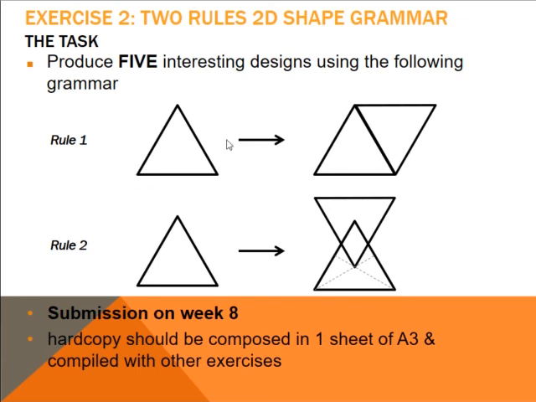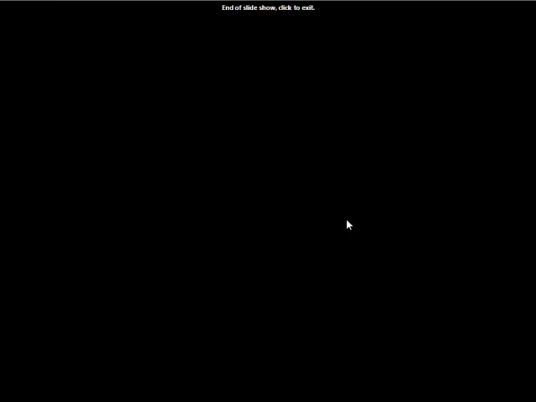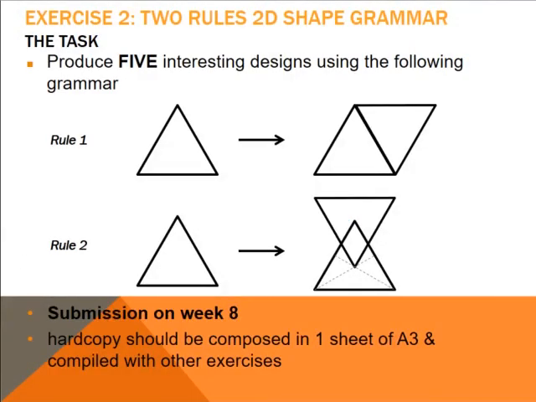But you need to be careful, especially on rule number 2, because there is a specific position where you need to apply, you need to add the new shape. Okay, so basically what I did here is you take the perpendicular line from this line. You take the midpoint of this line, and the midpoint of this line, and then you draw a perpendicular line.